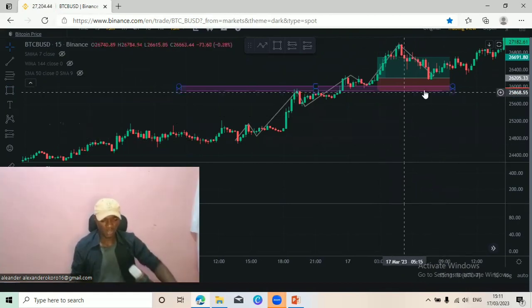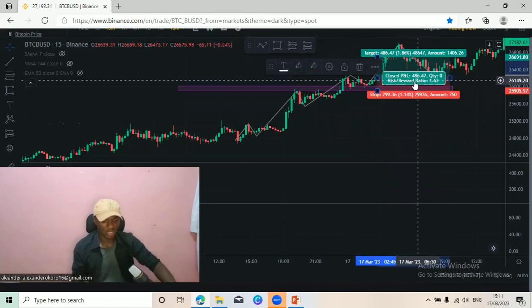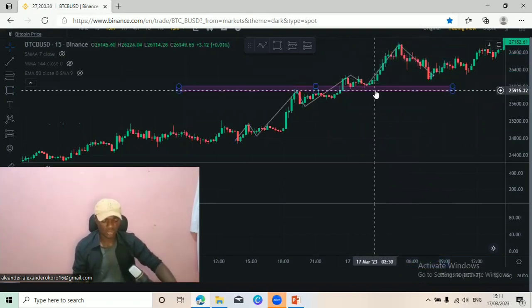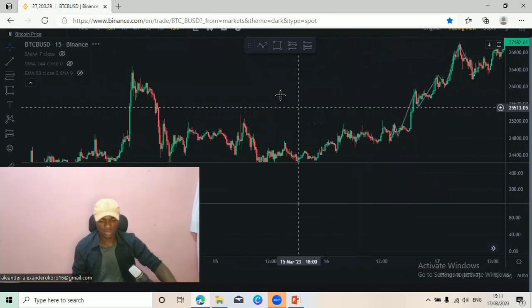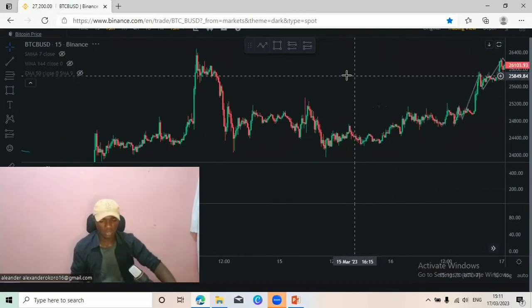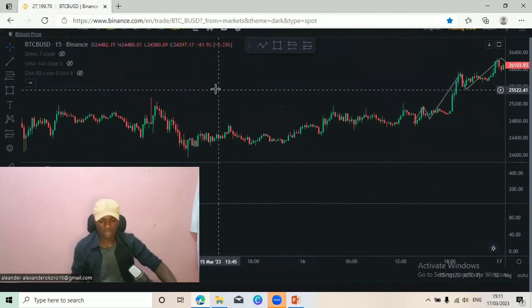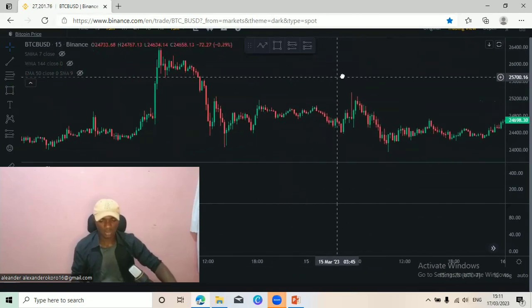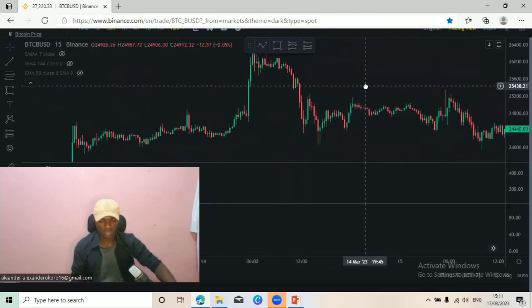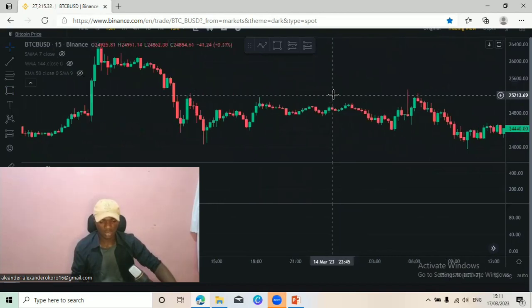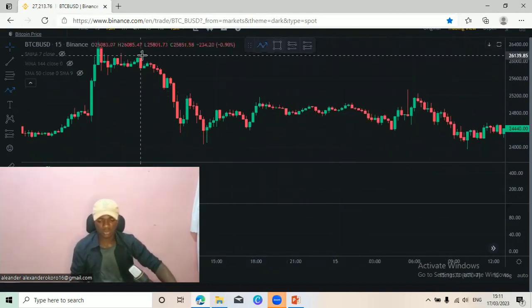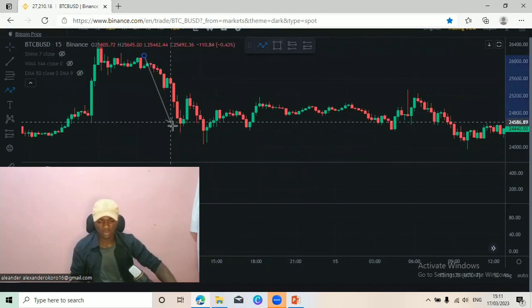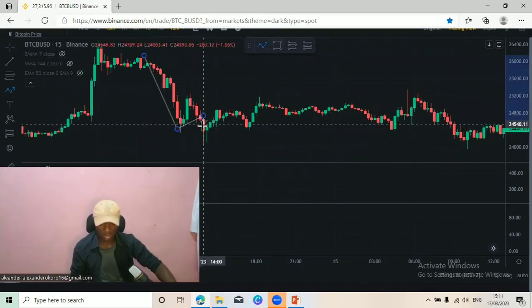Okay, now when the market is moving in a downtrend, let me quickly remove this. Good. Let's see. Markets again. Downtrend here. Okay. Let's point it out from here to here to here to here.